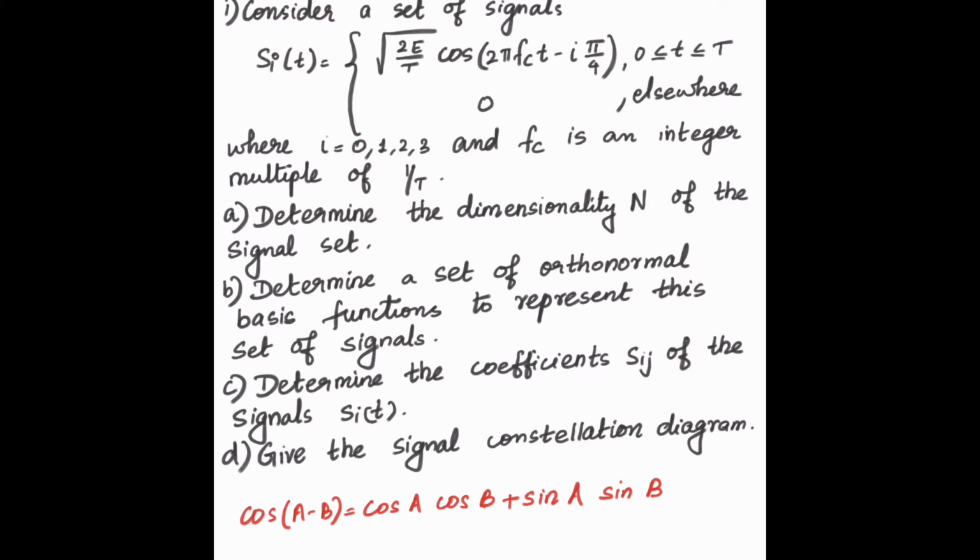In order to solve this problem, this is equivalent to cos of a minus b. Cos of a minus b is given by the formula cos a into cos b plus sin a into sin b.